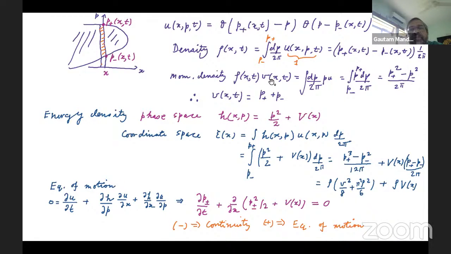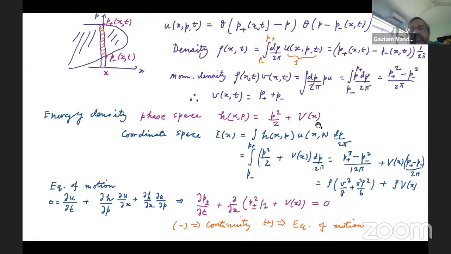Similarly, there's a momentum density that says rho times V, where you integrate not U, but P times U. So at every point X, P, you just add on to U this P, which is the local momentum of the fluid element. So what you get then is the P dP integral, and you get P plus square minus P minus square. So you got rho v, and you got rho, therefore you get v, which is P plus plus P minus over 2. The energy density, the phase space energy density, is simply the Hamiltonian itself, the single particle Hamiltonian.